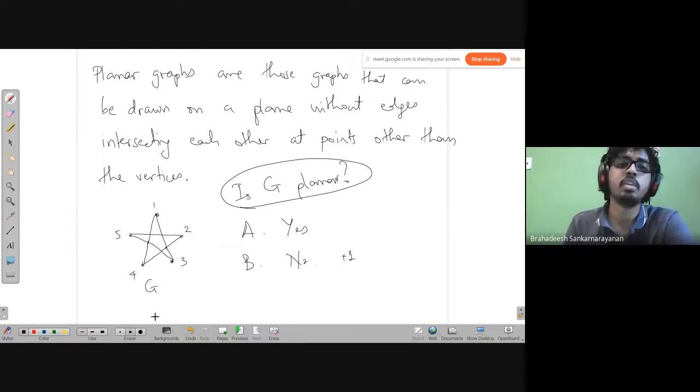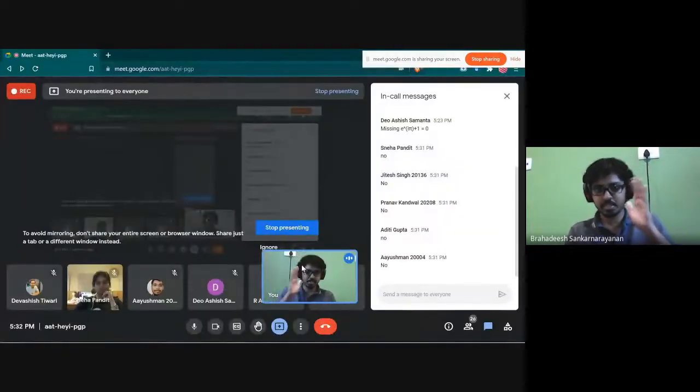But it is not the only possible drawing of this graph. So it's planar if I can draw it on the plane such that edges do not intersect each other at any point other than the vertices. So can I draw this in such a way? Is there a way of rearranging this drawing so that all these intersections just go away? What do you think? Is what I said clear? Is the perspective clear?